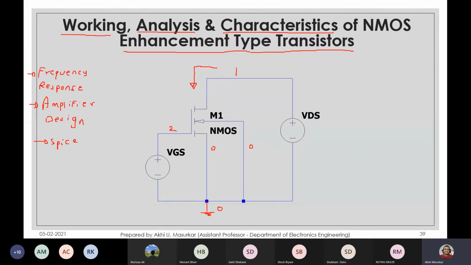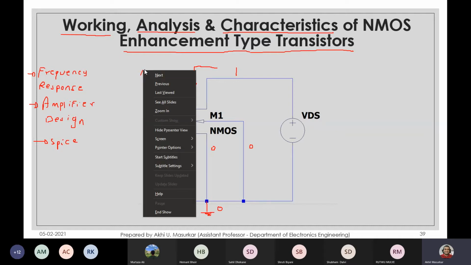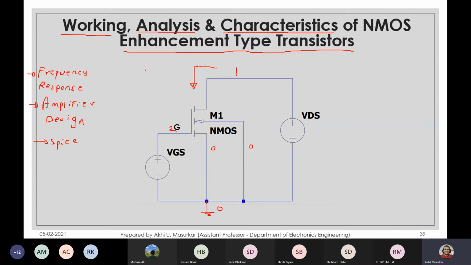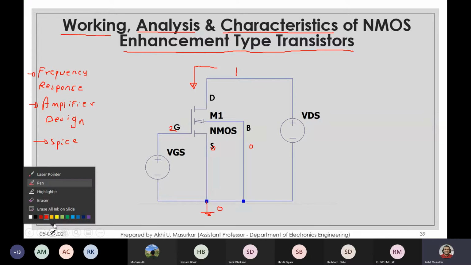So here we have ID. Gate, this is the drain, this is the source, and this is the body.